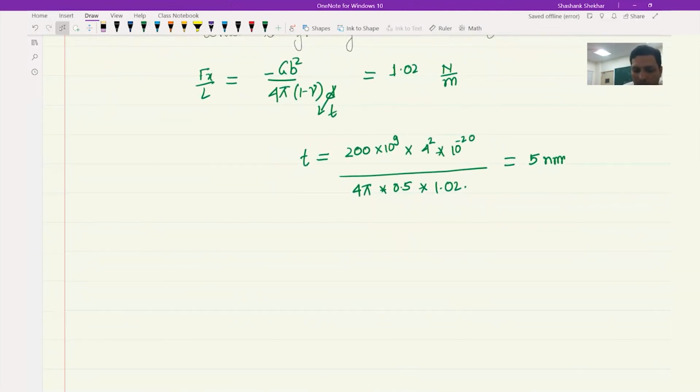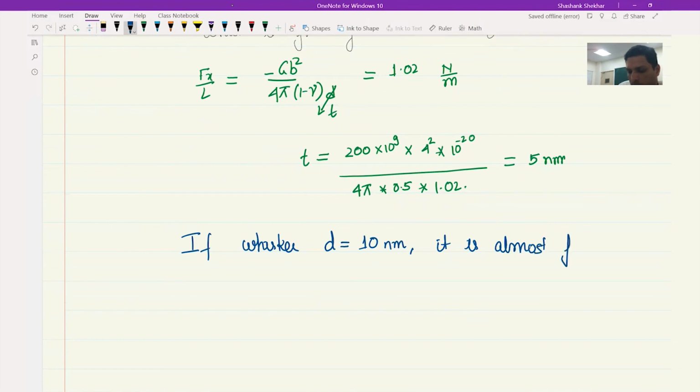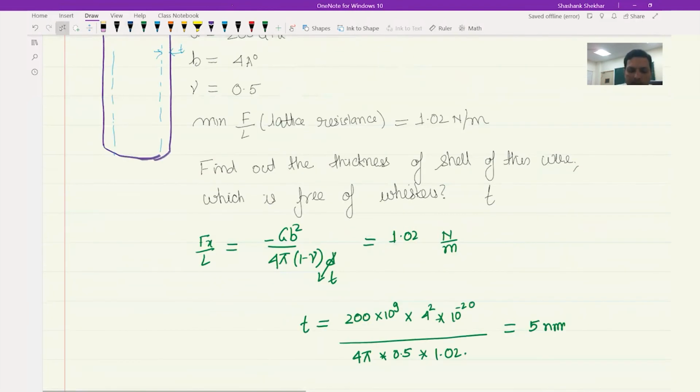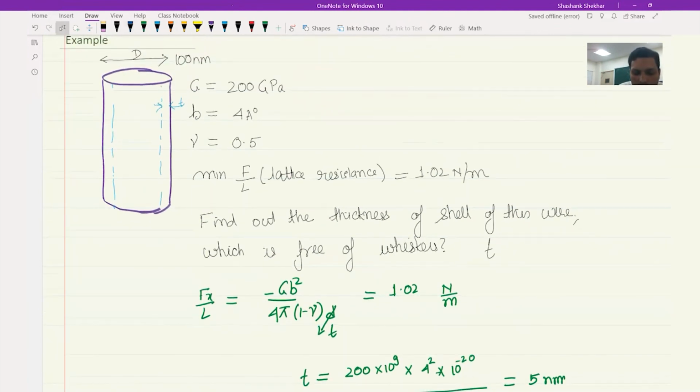And if you happen to have a whisker, it is almost free of dislocations. Why I am saying almost free is because what we have assumed so far is that the glide plane is oriented normal to the surface.